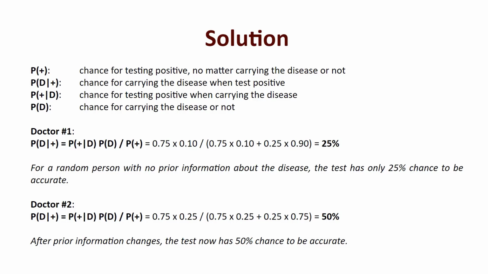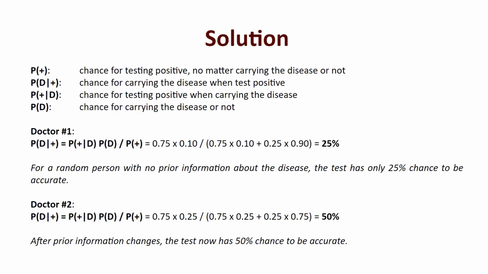So that's 0.75 times 0.1 divided by P(+). But we don't know what P(+) is, so we can estimate it as P(+|D)P(D) plus P(+|not D)P(not D). P(+|not D) is the chance of testing positive when you are not carrying the disease, which is 0.25, and P(not D) is the probability that you are not carrying the disease, which is 0.9, which is 1 minus 0.1. That's how you calculate P(+) in the denominator.